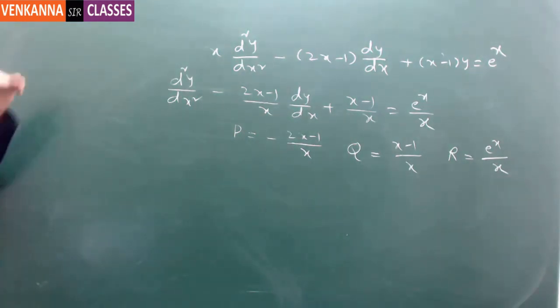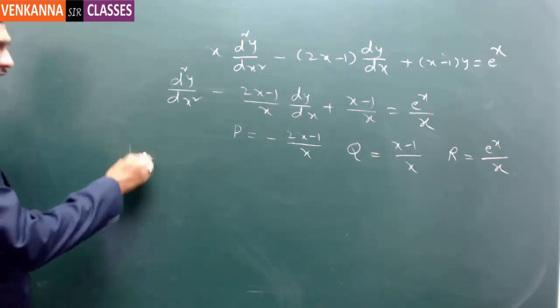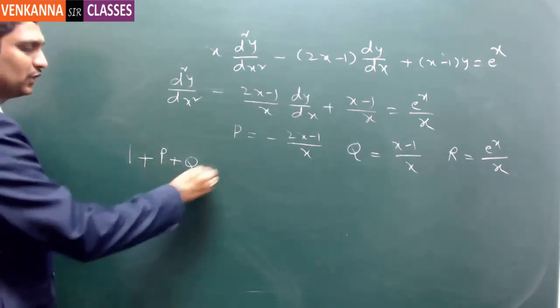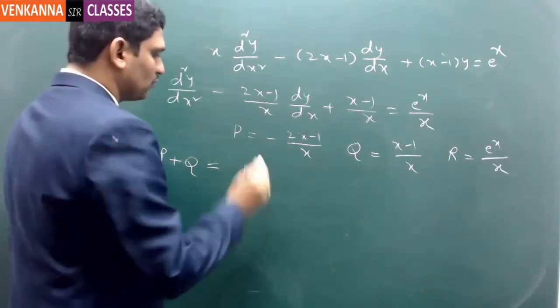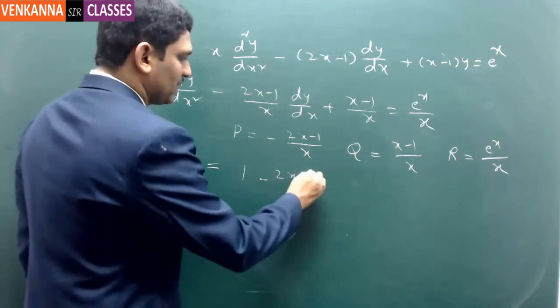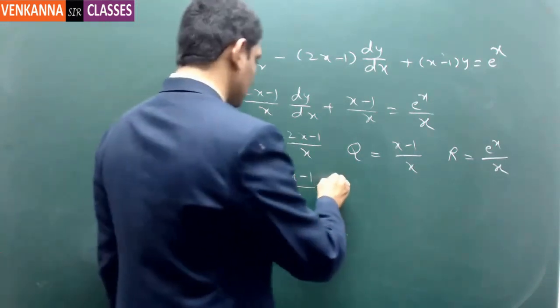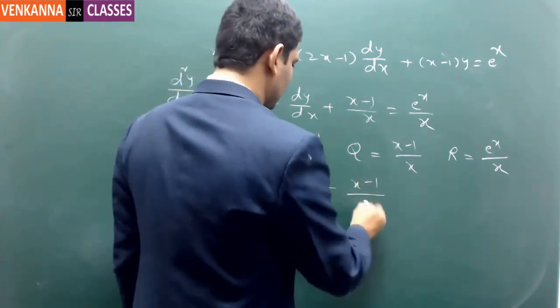So we have the checking list: P plus Qx, 2 plus 2px plus Qx square, 1 plus P plus Q, 1 minus P plus Q, and so on. Among those conditions, we have to check which condition gets satisfied. That will be done as rough work. So here, if we calculate 1 plus P plus Q, its value is 1 minus 2x minus 1 by x plus x minus 1 by x.